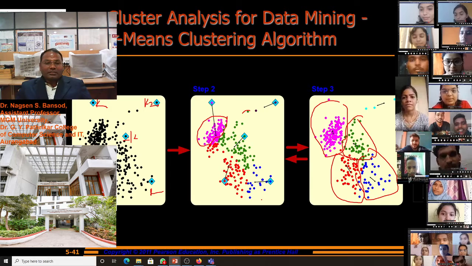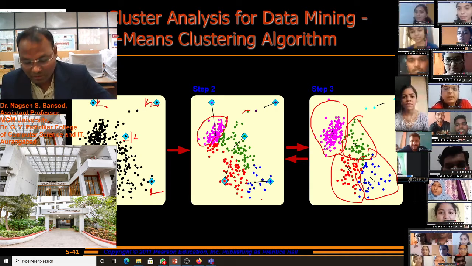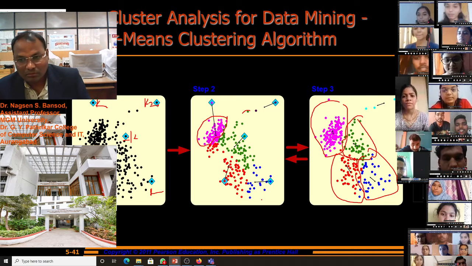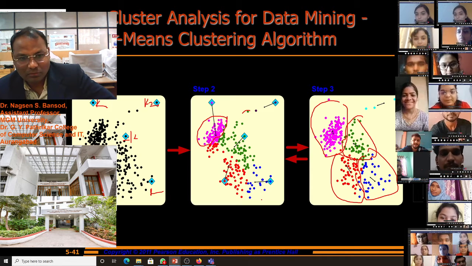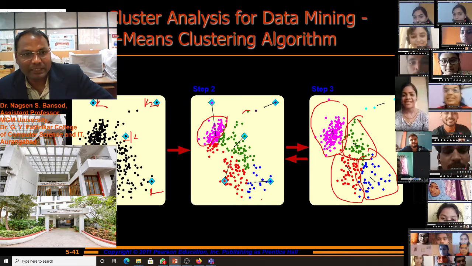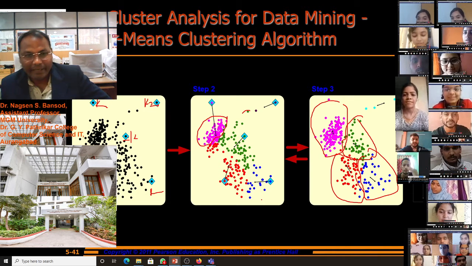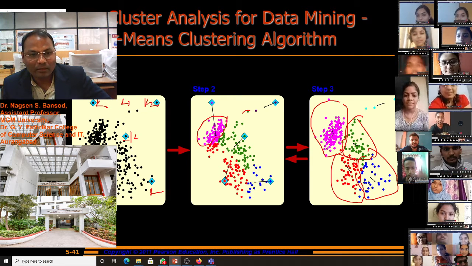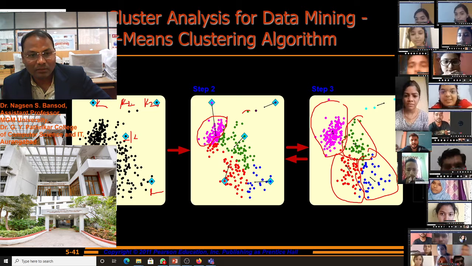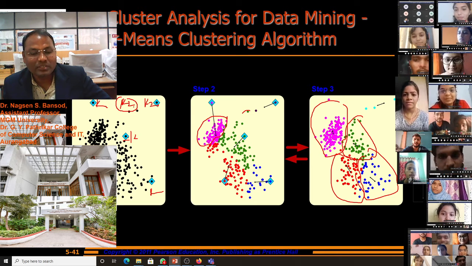For cluster analysis, we can use the k-means algorithm. K-means means we select a value for k, find the nearest values, and take the mean of those as a centroid.